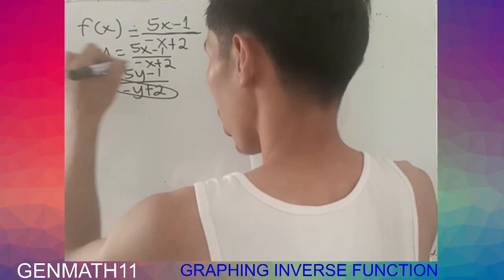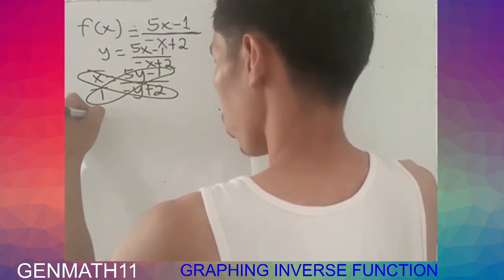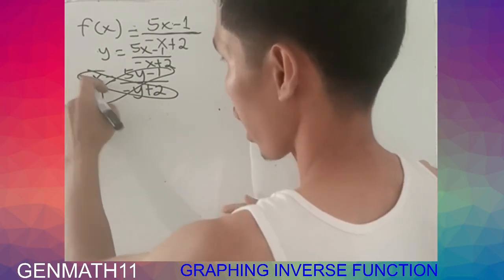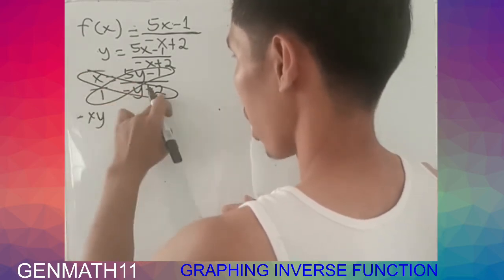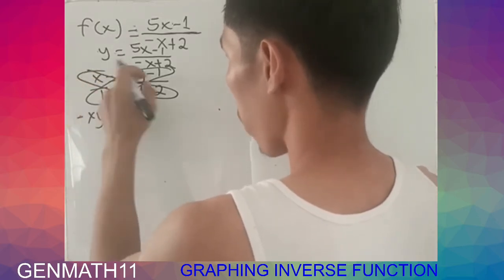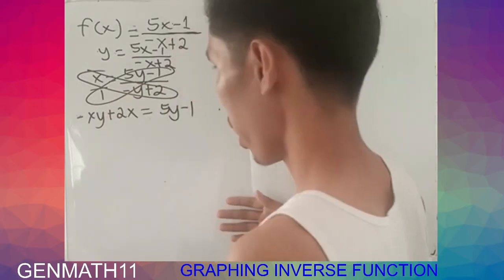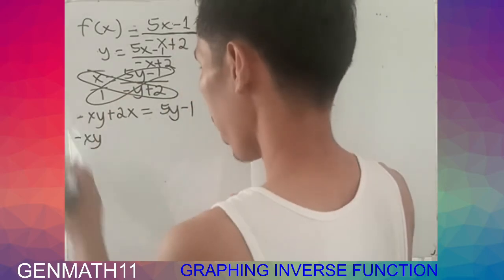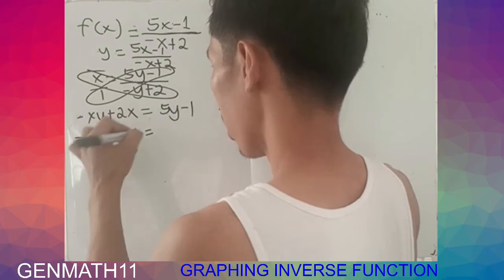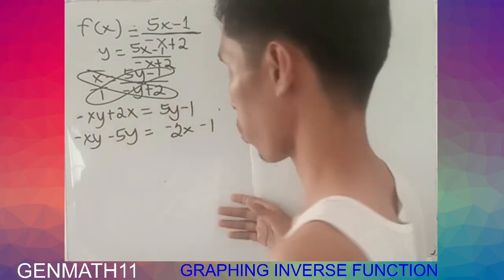Then, cross multiplication, negative xy. Kasi diba, x times negative y is negative xy. X times positive 2 is 2x, is equals to 5y minus 1. Then, lipat natin. Negative xy minus 5y is equals to negative 2x minus 1.